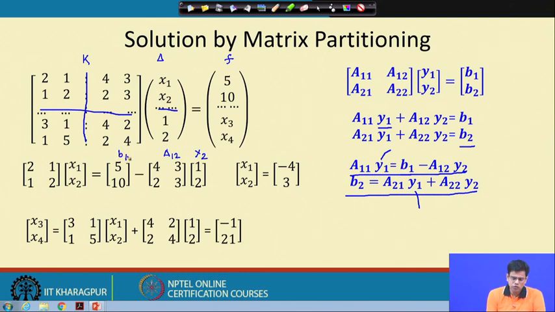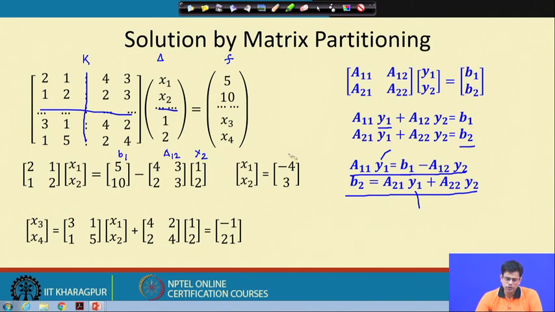Once we do that, we get the modified right hand side, and we can use any of the decomposition methods we have learned, or any method for solving a linear system of equations, to find x1 and x2.